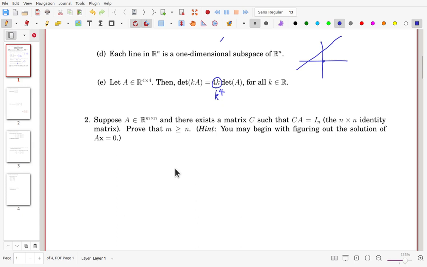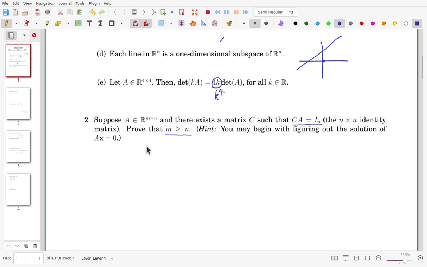Suppose A is an m by n matrix, and there exists a matrix C such that CA is the identity matrix, and we want to prove that m is larger than or equal to n.